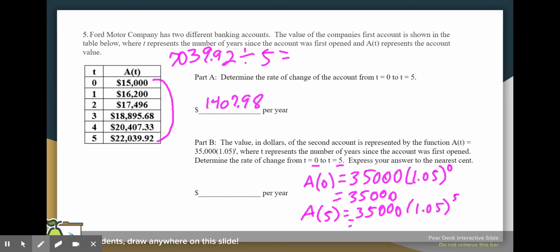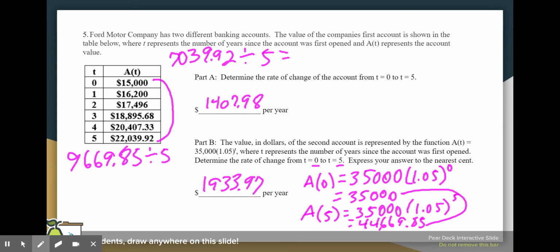Put that in our calculators, and we get 44,669.85. To determine the rate of change, we subtract this from this and we get 9,669.85. We divide that by 5 and we get $1,933.97 per year.